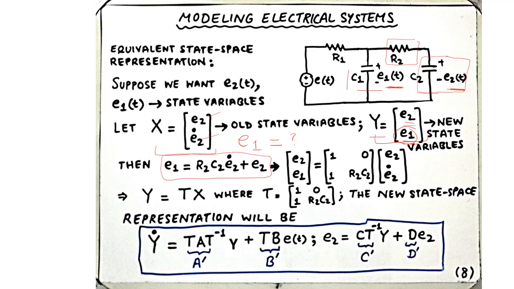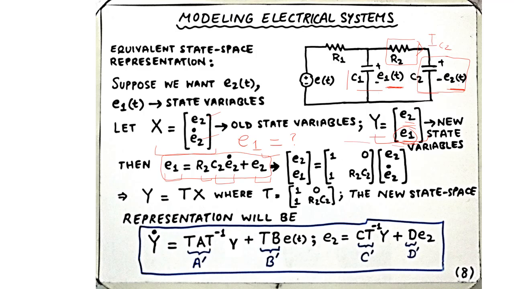So the voltage across resistance R2 is the current through the capacitor, which is the same as the current through the resistance. So the current in this branch is the same, IC2 multiplied by R2, and this voltage is added to the voltage of capacitor C2. So this is a linear relationship that can be used to relate the old state space variables with the new one, that is E1.